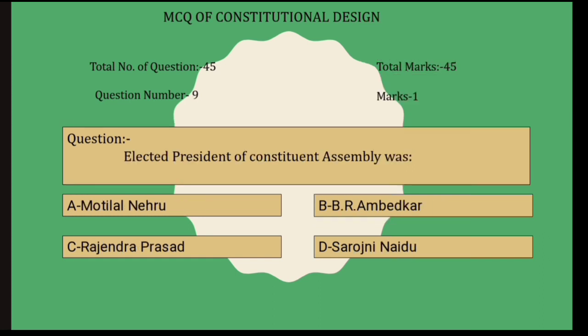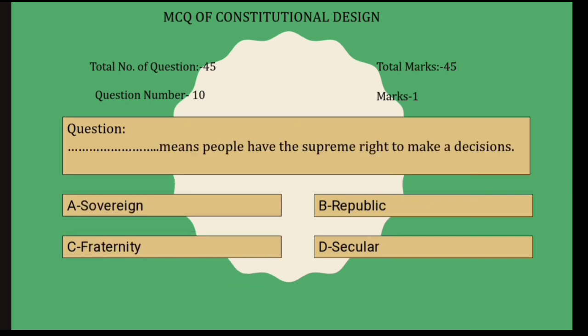Question 9. Elected President of Constituent Assembly was Option A. Motilal Nehru. B. B.R. Ambedkar. C. Rajendra Prasad. D. Sarojini Naidu. Correct option is C. Rajendra Prasad.